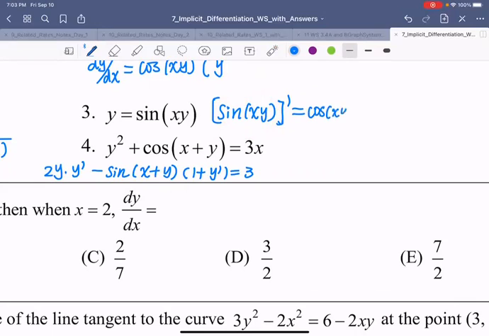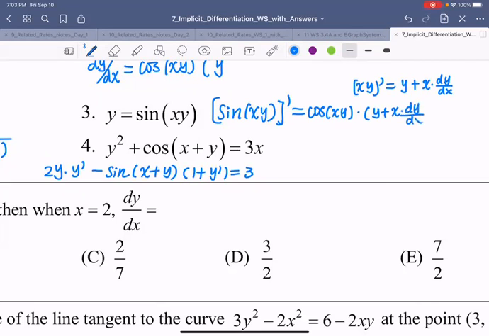So cosine xy, and then you want to do the xy derivative. The xy derivative is going to be the product rule. X derivative is 1 times y plus x times y derivative, correct? Okay.